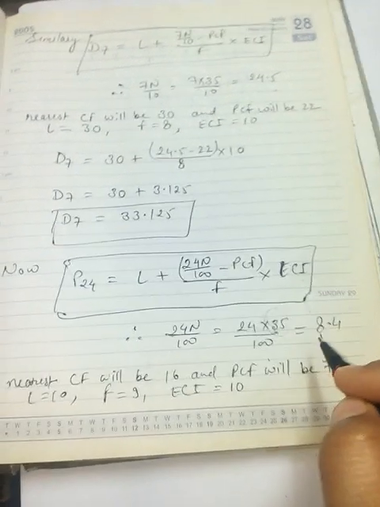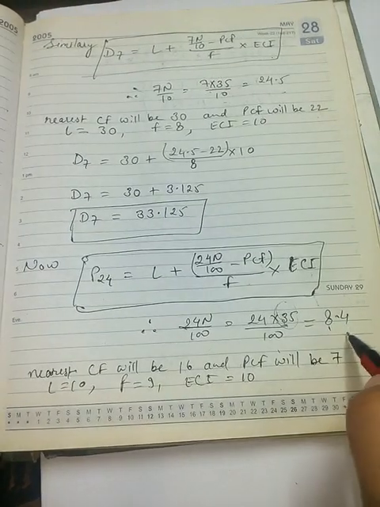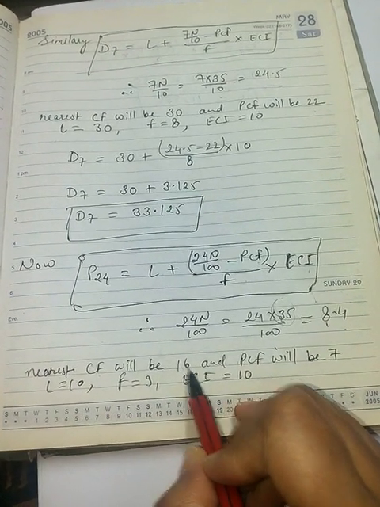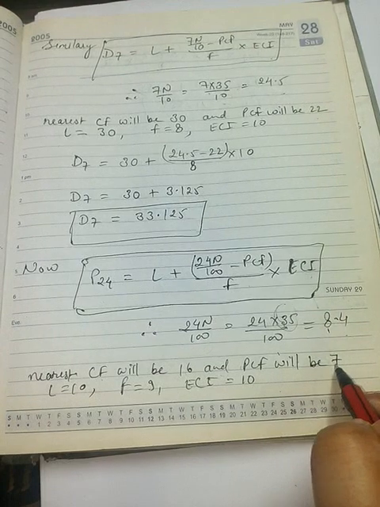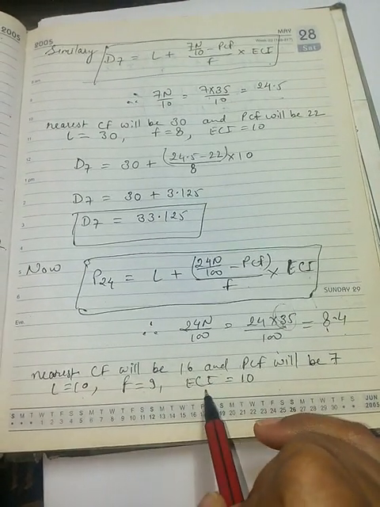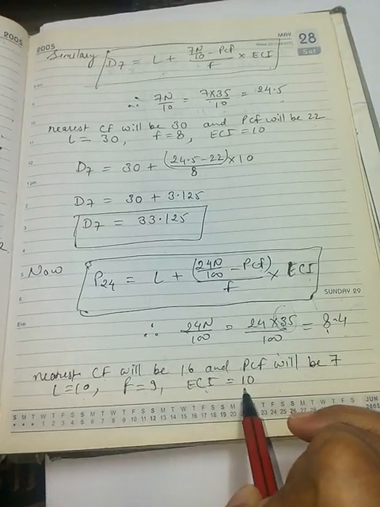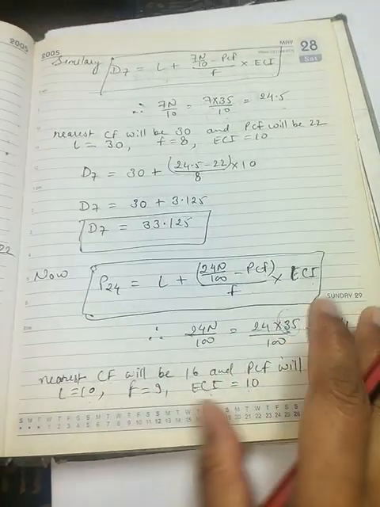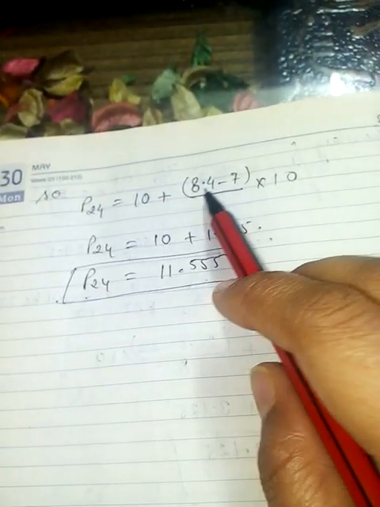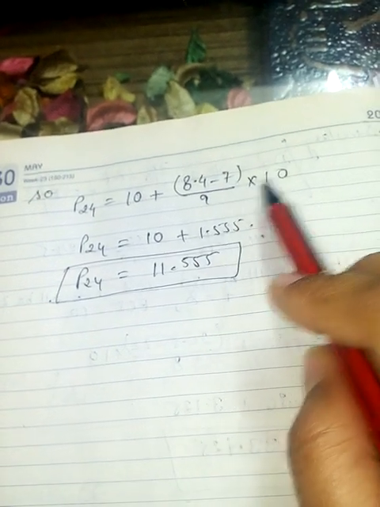Now I'll check in the table which is the nearest cumulative frequency for 8.4. The nearest cumulative frequency will be 16 and PCF will be 7, L will be 10, F will be 9, and ECI, the equal class interval, will be 10. I'll substitute all these values in the formula. So P24, the 24th percentile, will be 10 plus 8.4 minus 7 upon 9 into 10.